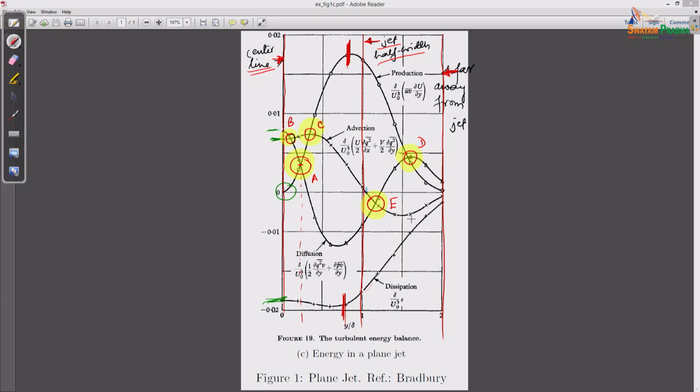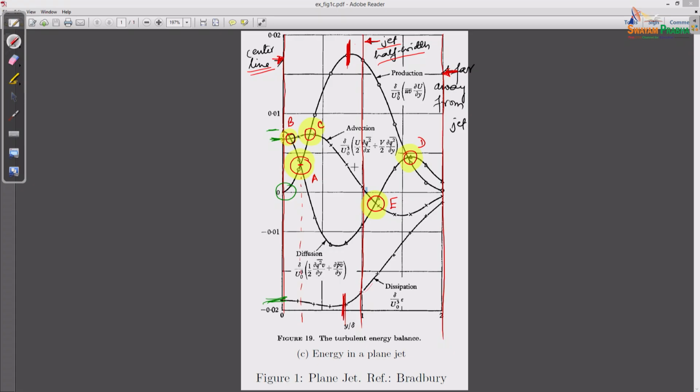And the production curve is symmetric about its maxima.